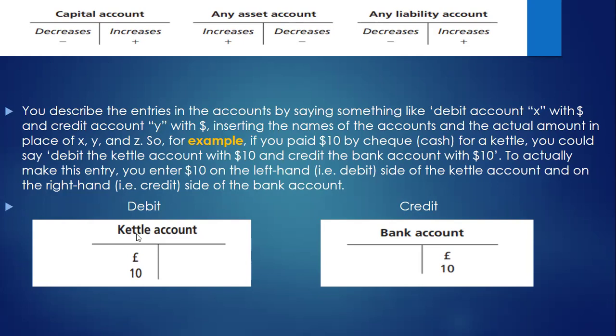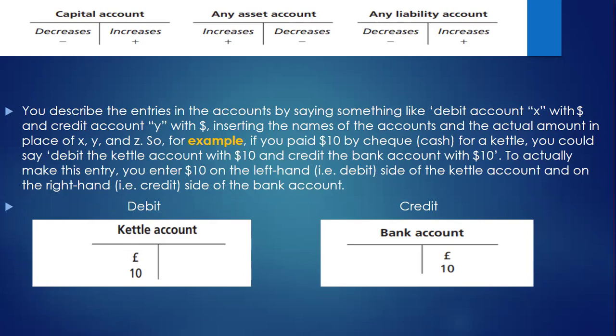Therefore, debts decreased, liability decreased, it goes to the debit side. Under that person's account or account payable, you're going to debit that money because your liability has been decreased. Your debts have gone down. So decrease goes right here.